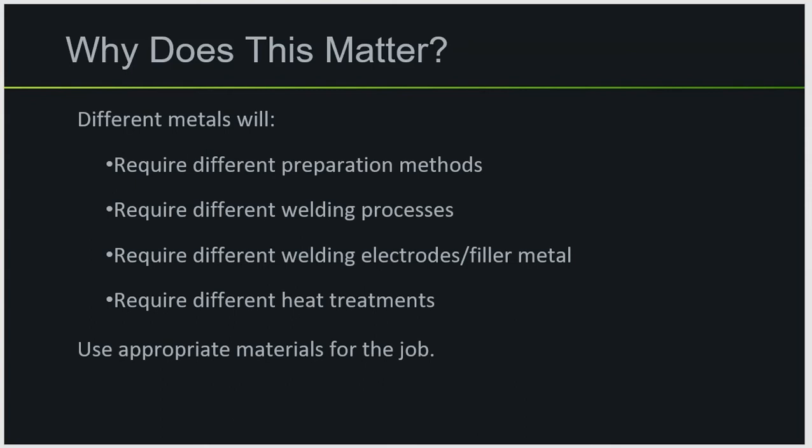It's also going to require a different welding process. Can this be accomplished using shielded metal arc welding, or is it something that's going to require gas tungsten arc welding? Is it going to require different welding electrodes or filler metal? A different type of shielding gas?